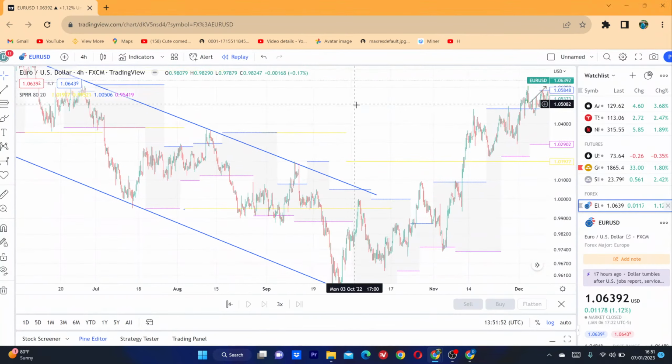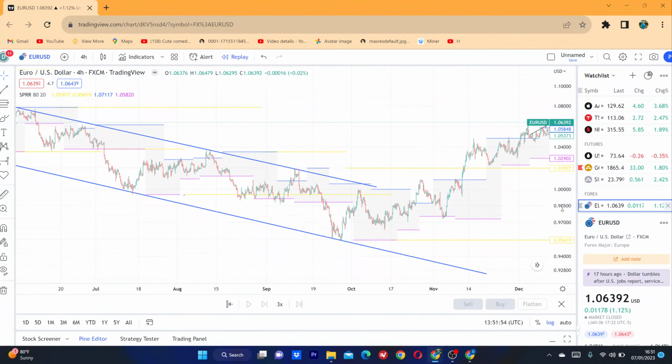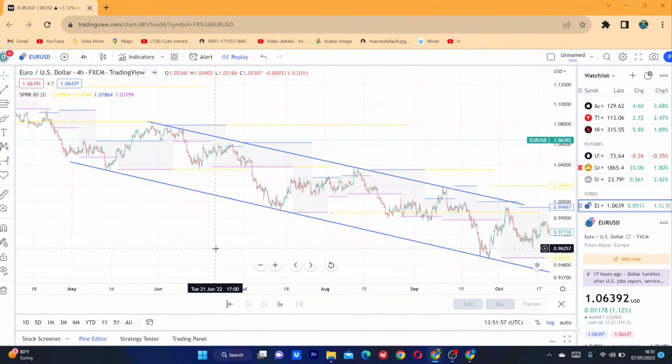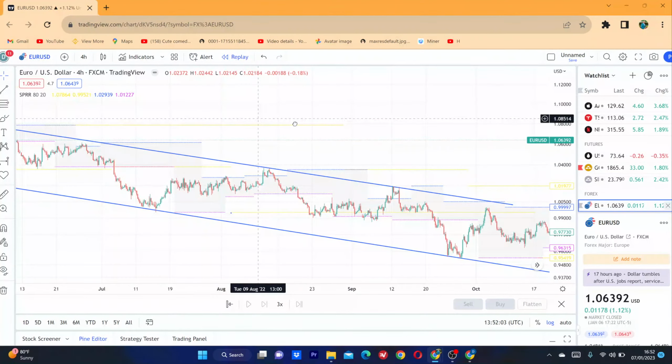I drew this one because of the trend lines, and this is what you'll be seeing. Remember, we have not used all the rules of trend price action, but this is important.